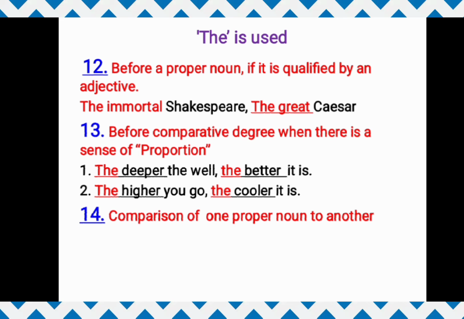Okay, the 14th use and rule of the definite article. The is used before a comparison of one proper noun to another. The first example is Kashmir is the Switzerland of Pakistan.